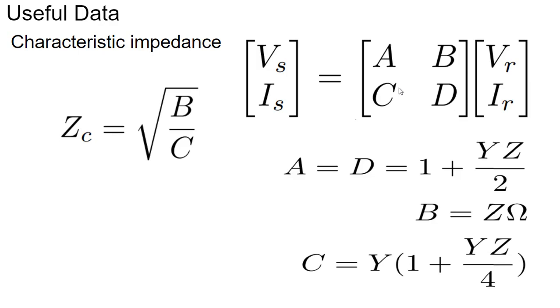A, B, C, D are the elements that represent the relation between the sending and the receiving end phasors of the transmission line. The values of A, B, C, D are given in the following equations, and the characteristic impedance ZC is given by root over B by C. With the help of this information, we will try to solve the problem.